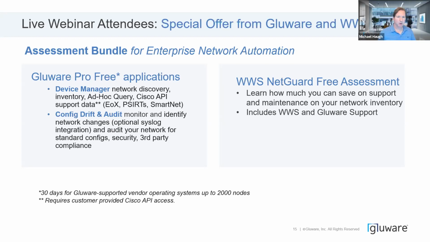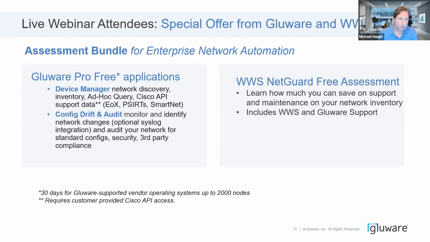Okay, great. So hopefully you can hear me again still. Yeah, so the offer that we have is really enabled through our partnership with WWS, and we're naming it the assessment bundle. It's really about how do we help get Gluware in your hands to enable you to gain some insight into what's happening in your network, and then be able to take action on it.